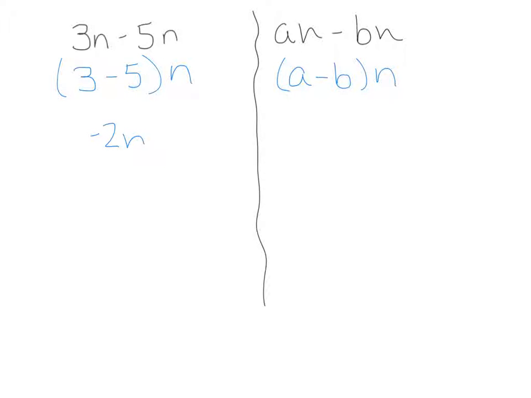We say that we have a of them minus b of them, so we have a minus b of them. This allows us to simplify formulas or solve equations that have variable coefficients as opposed to exclusively numerical coefficients.